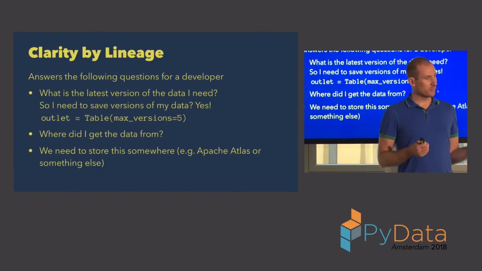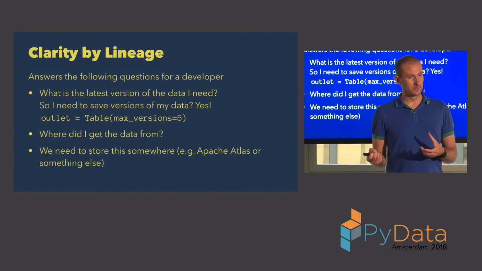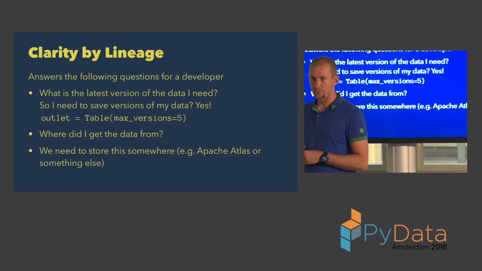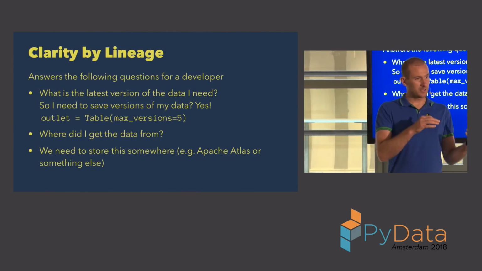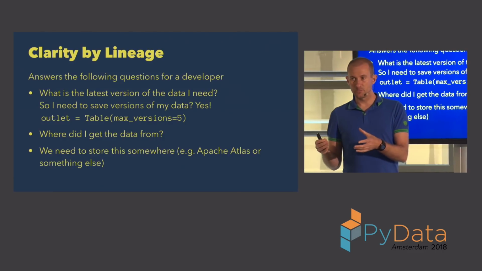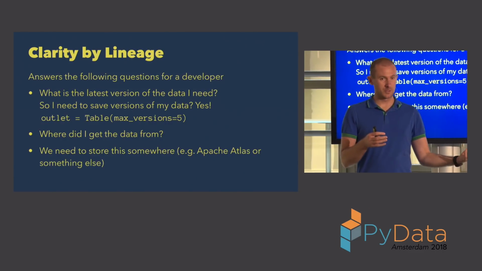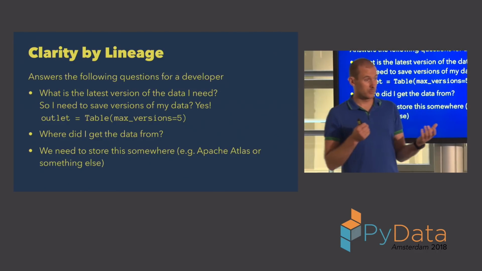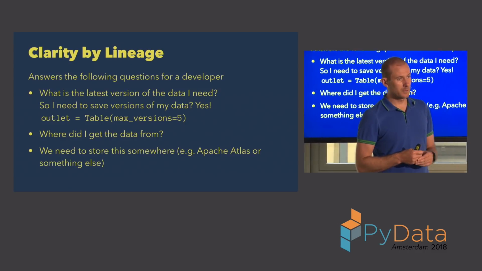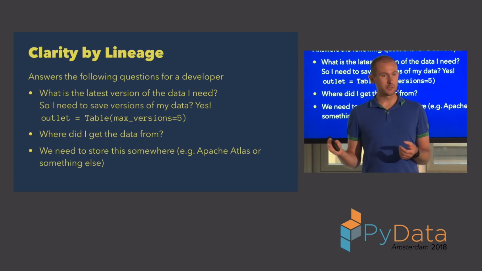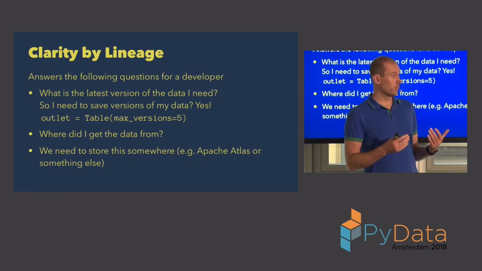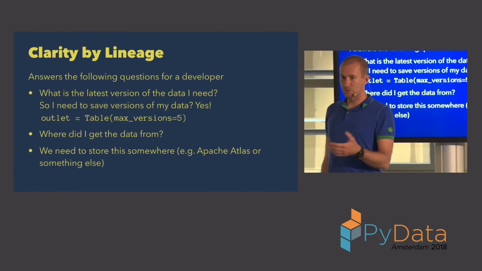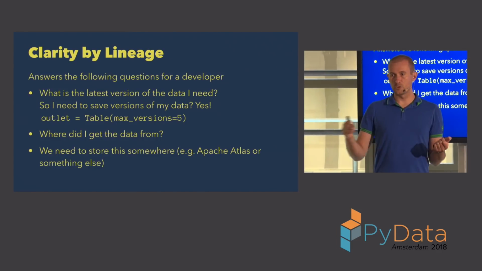So what is the latest version of the data that I need? So imagine that you're rerunning parts of your scripts, then if you had a model that was running on the previous set, will it generate a new kind of output because you rerun history, because you created new data from that? If that is actually the case, you need to know that. Because, for example, if we as a bank provide you with a mortgage advice, you can actually ask us, so how did you come to that decision?